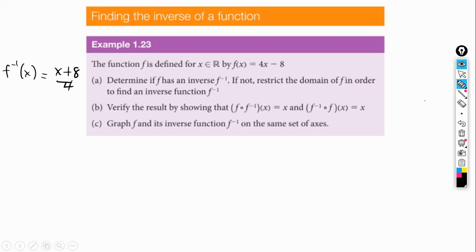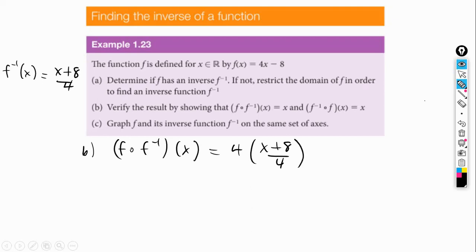Now we're going to do the composition of f with its inverse. In other words, plug the inverse into f of x. So this is going to be 4 times (x plus 8) divided by 4, minus 8. And this is obviously going to give us x, because this will cancel out with this and this will cancel out with that, and we have x remaining.